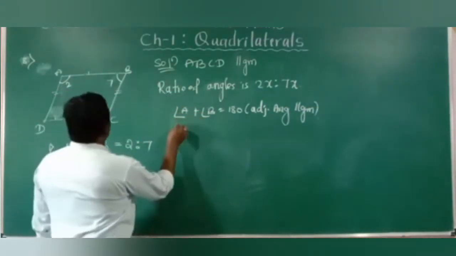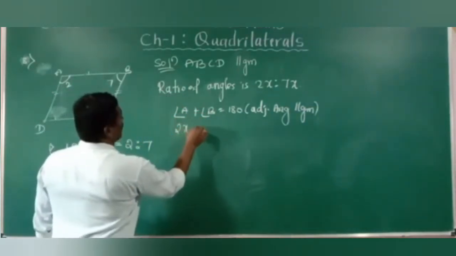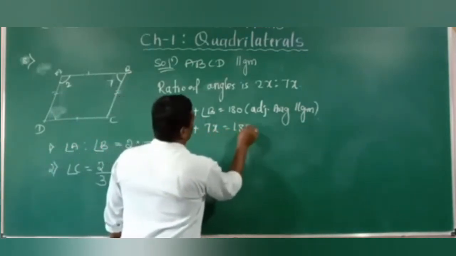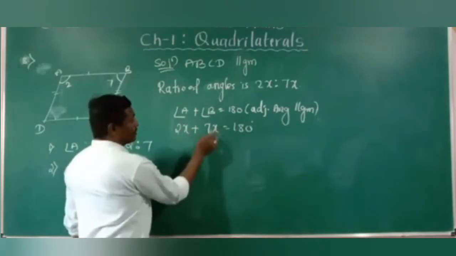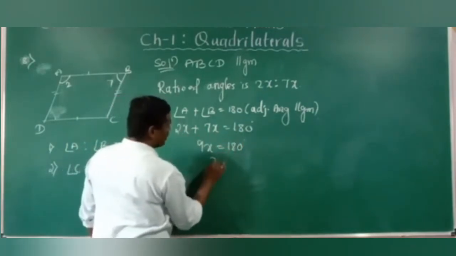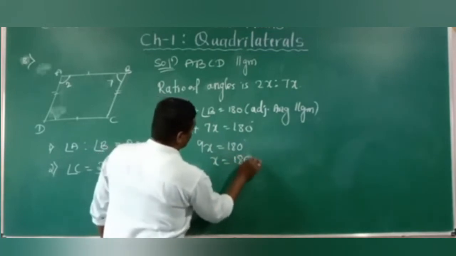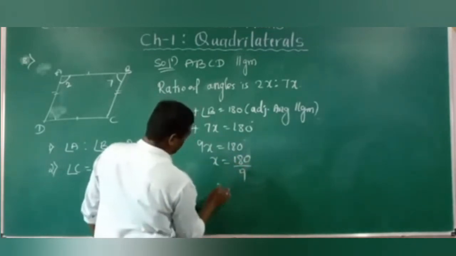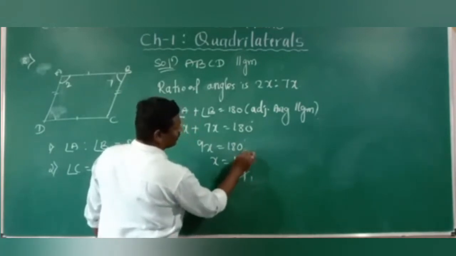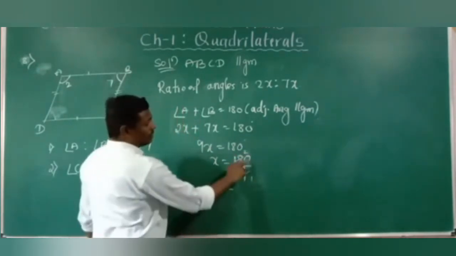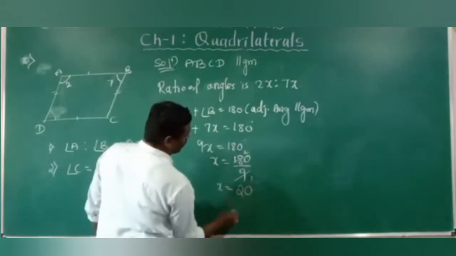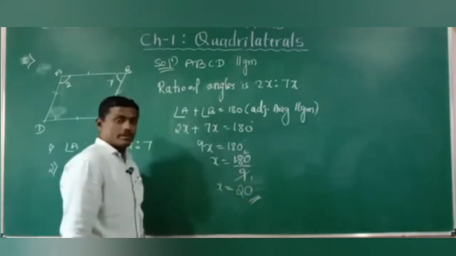Angle A is 2x, angle B is 7x, equal to 180 degrees. Now 2x plus 7x is 9x, which is equal to 180 degrees, and x is equal to 180 divided by 9. 9 twos are 18, remaining 0 written as it is, so it becomes 20. So the x value is 20.